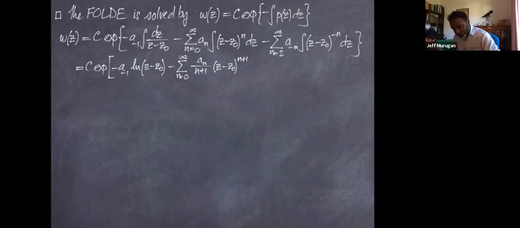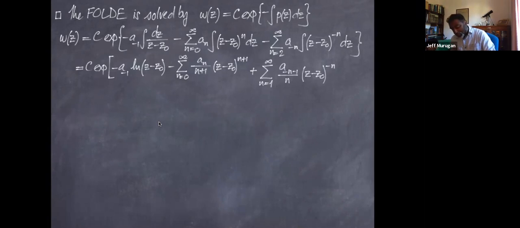Okay, so let's continue then. The second term I integrated, and I got z minus z0 to the n plus 1, and of course I'll have an n plus 1 in the denominator. And then the third term, I do something similar. I'll get the sum from n equals 1 to infinity of a minus n, minus 1 over n, times z minus z naught to the minus n.